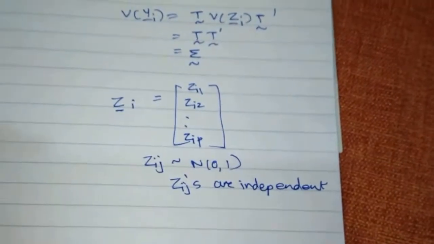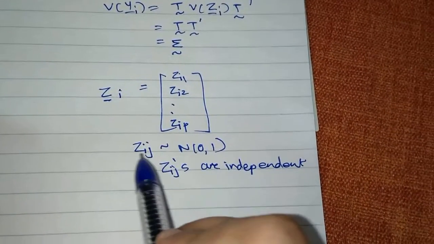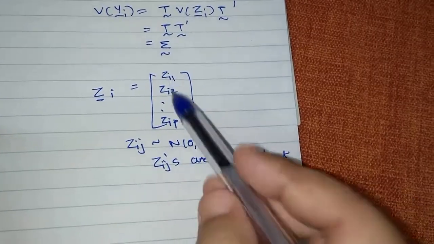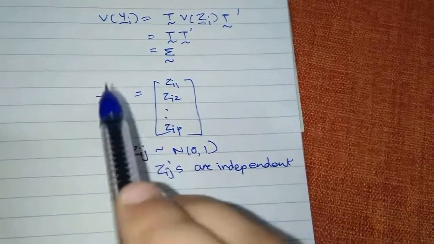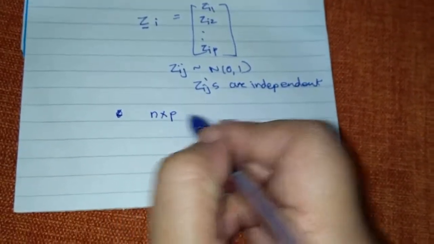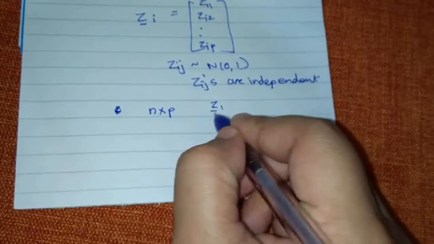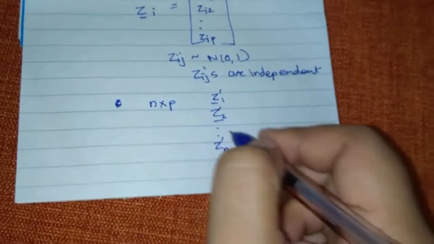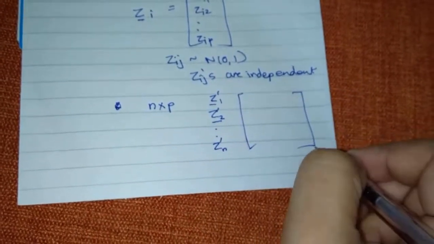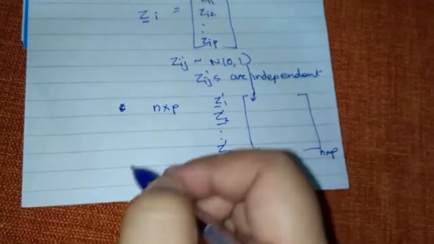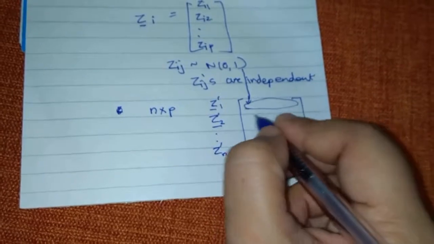So I just need to take a sample of size p from the standard univariate normal and arrange them in the form of a vector; that becomes my Zi.